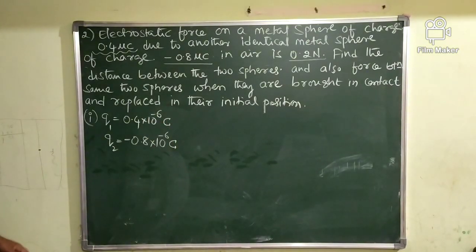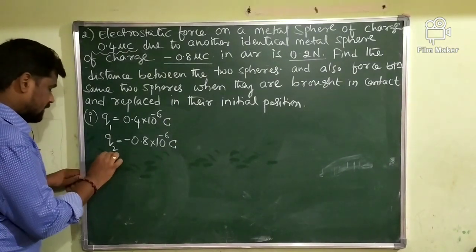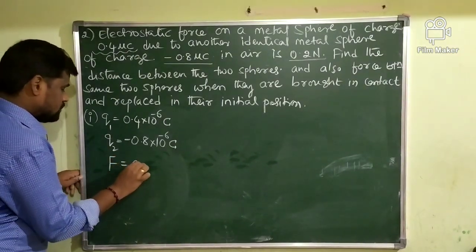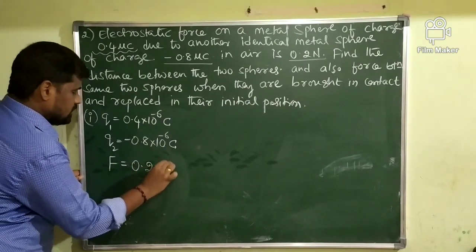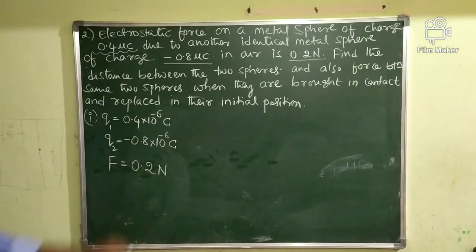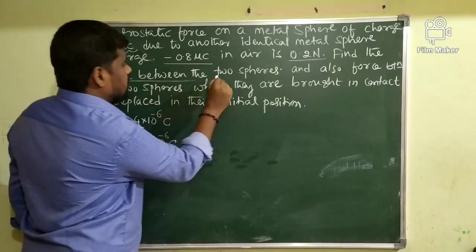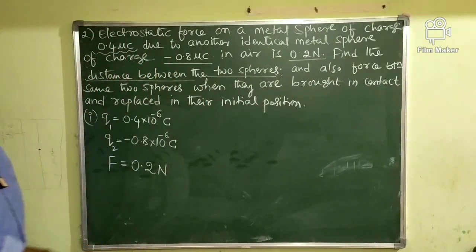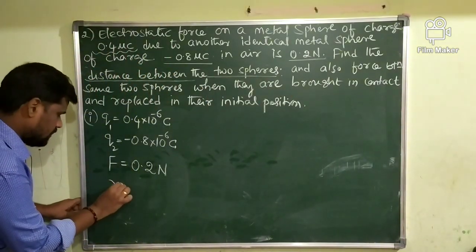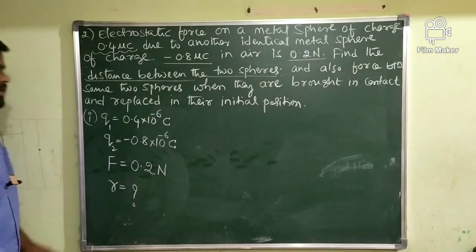And the electrostatic force between the two charges is how much? 0.2 Newton. Find the distance between the two spheres, meaning you have to calculate the distance between the two spheres.